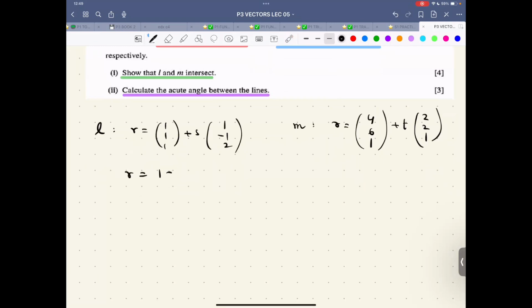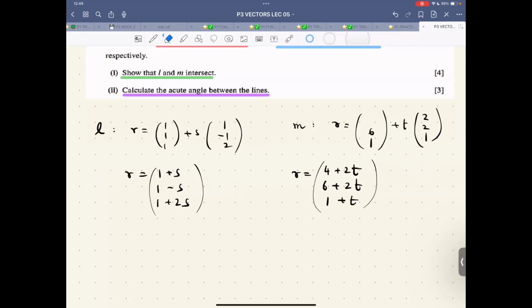Expand it. 1 plus s, 1 minus s, 1 plus 2s. Expand it. 4 plus 2t, 6 plus 2t, 1 plus t. Let me write this a little bit more properly. Now the red marker, hold for a second.